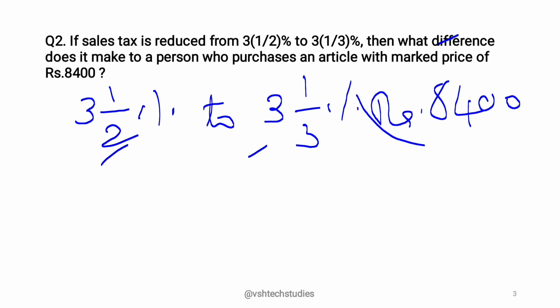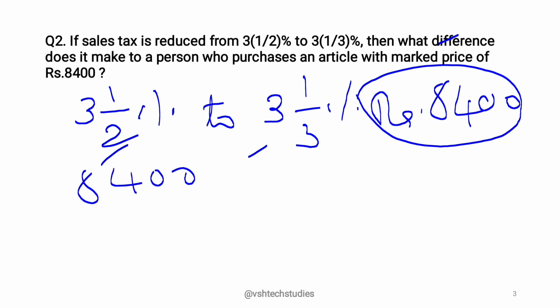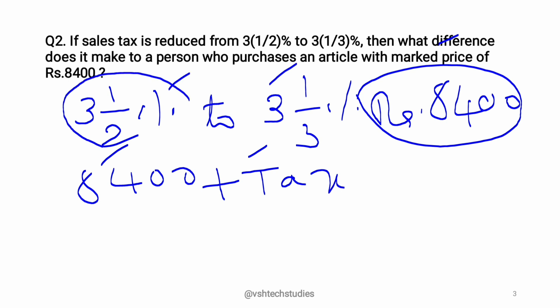So marked price is rupees 8,400. The person has to pay rupees 8,400 plus tax. Tax rate has been given here. First, the tax was 3.5%.